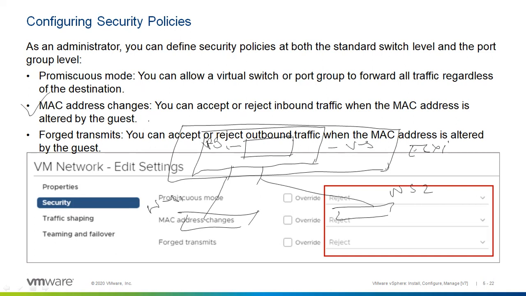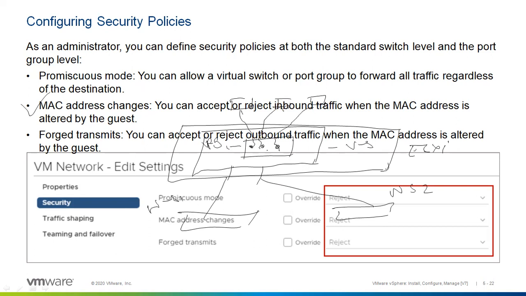So when I say MAC address change, what does it mean? If I create any VM, I will associate that VM to this port group, then definitely that VM will consume a virtual port from here. Correct?